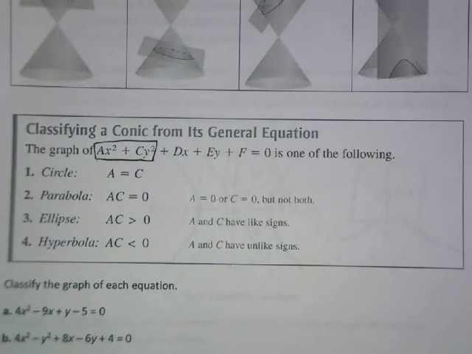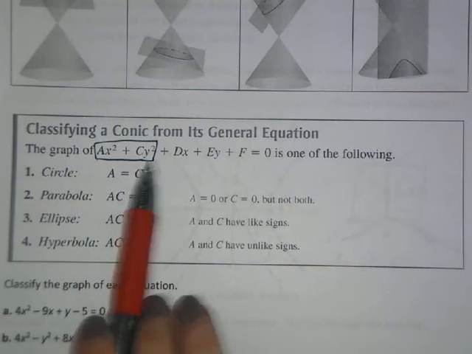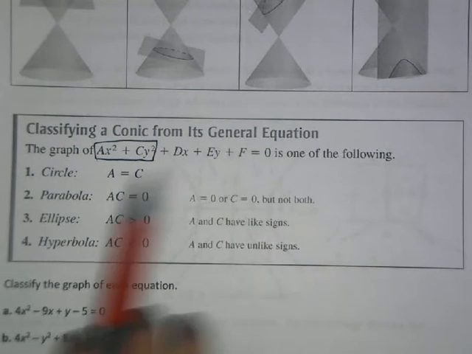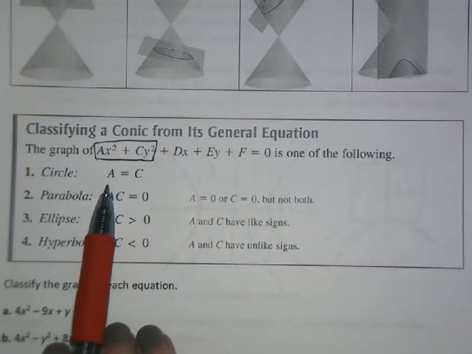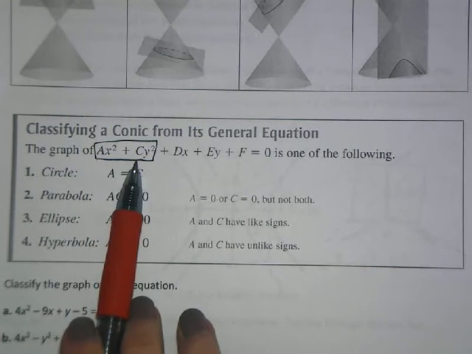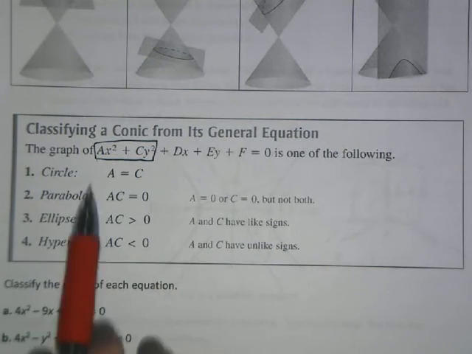But anyway, if we're going to classify these, our equations are not going to have that xy term. So you're just looking at the x squared term and the y squared term. The rest of the stuff is noise. Ignore it. If the a and the c, in other words the coefficients in front of x squared and y squared, are exactly the same, +1 and +1, you have a circle.